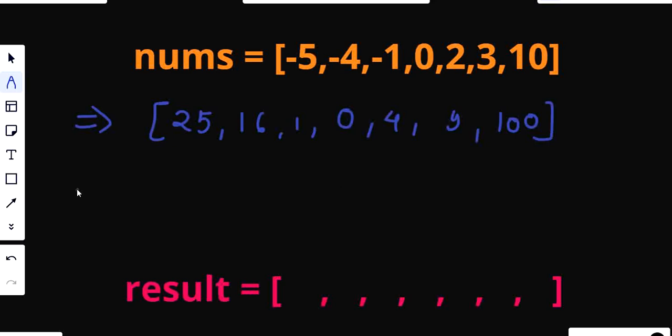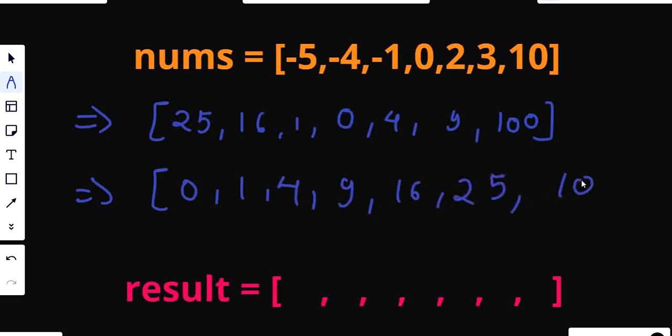Now we will sort this whole array, and this will become 0, 1, 4, 9, 16, 25 and 100, and that's it. So the values are squared as well as in sorted order, and then we can return this whole thing as a result.